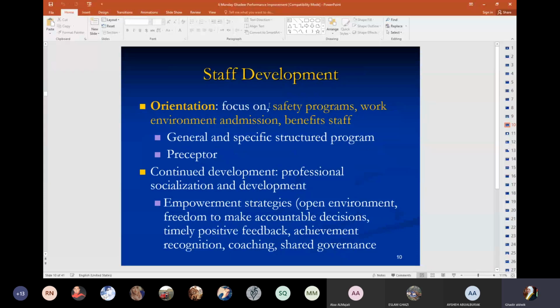In the orientation program, who attended an orientation program previously during your experience? Director of nursing. I'm asking who among you attended an orientation program in a new hospital. The new staff. Yes, the new staff. And the new graduate.